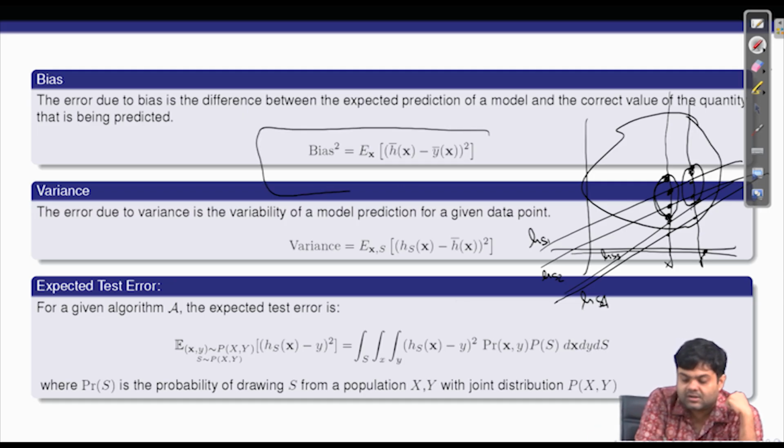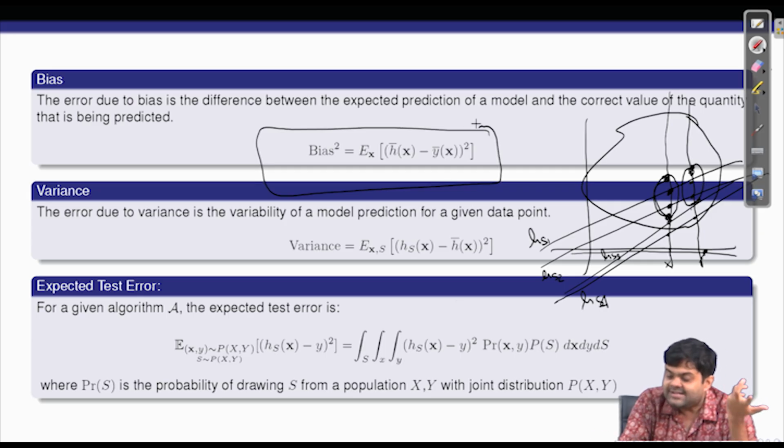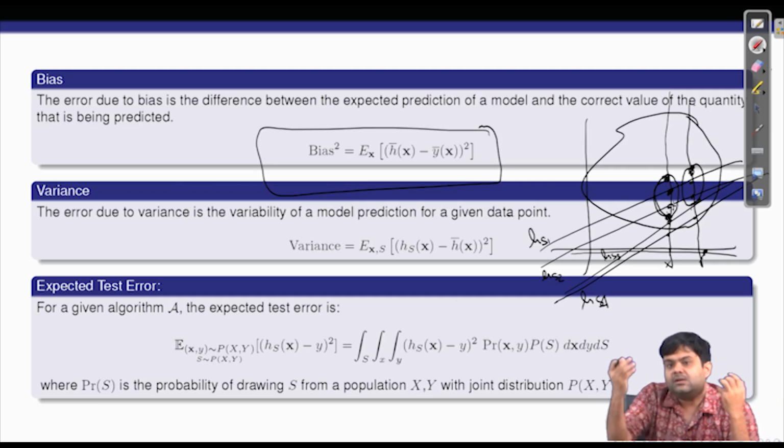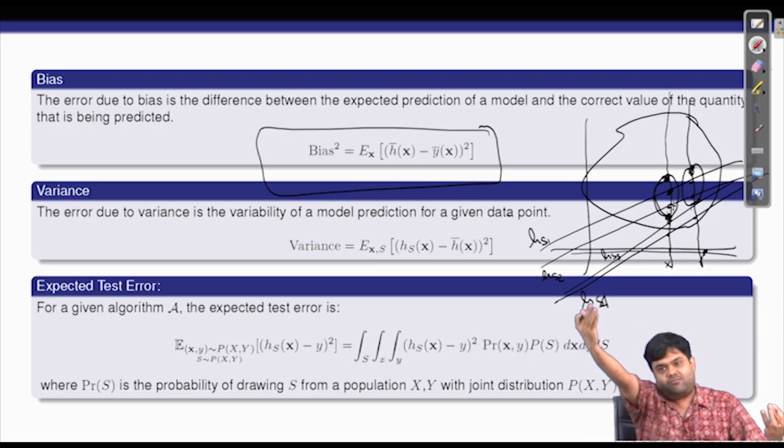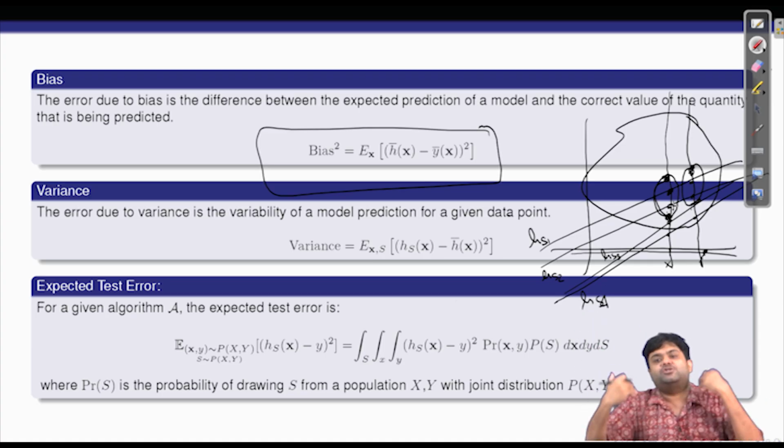That is called the bias. So tentatively speaking, the difference between the predicted y, the average predicted y, is the average of all the predicted y's. For each sample you will get a prediction for y, take the average of that.